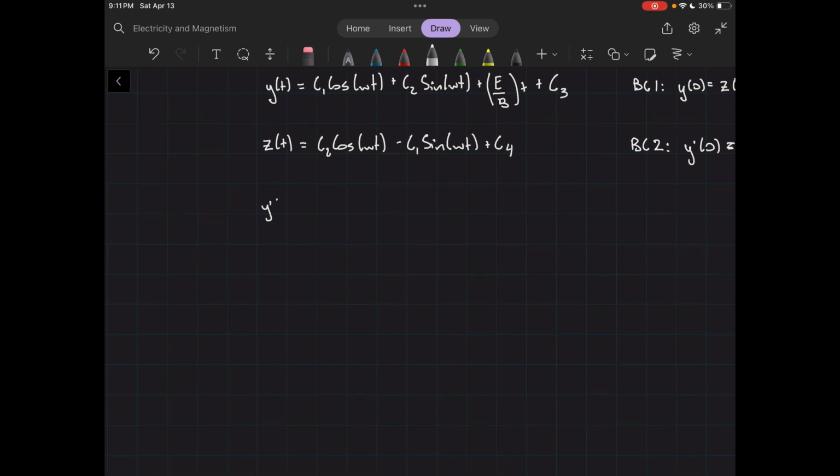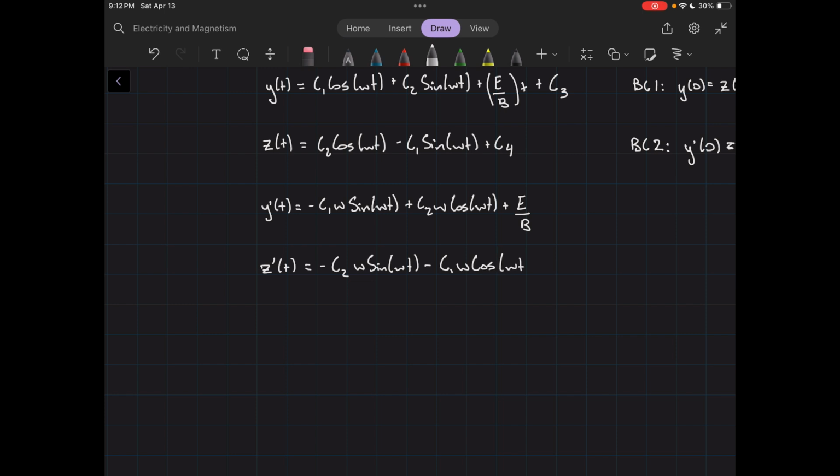So the time derivative of our position in y is going to be equal to minus c1 omega sine omega t plus c2 omega cosine omega t plus E over B. And then for the time derivative of the z position, it's going to be equal to minus c2 omega sine omega t minus c1 omega cosine omega t.